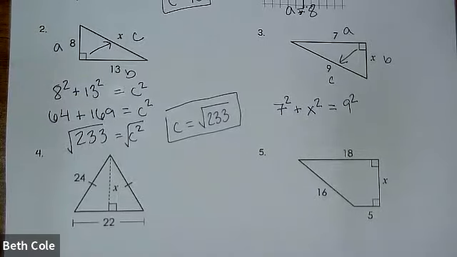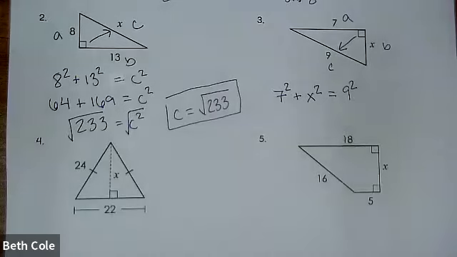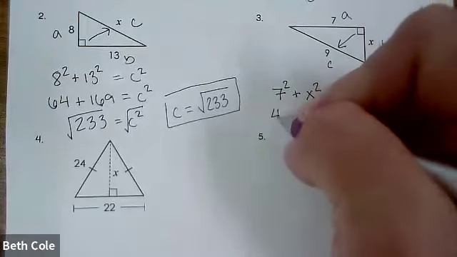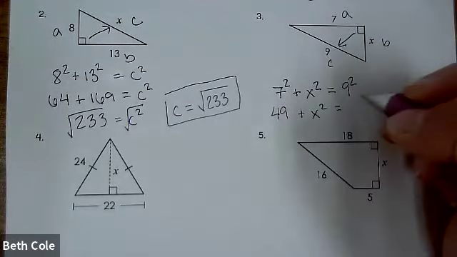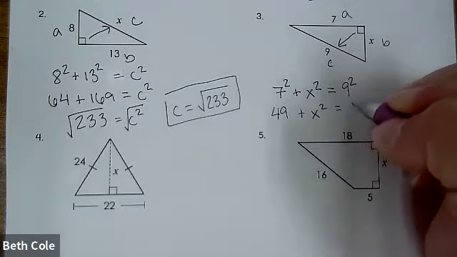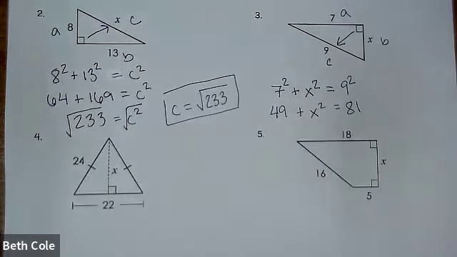And then we're just going to figure out what that is. I'm going to just sort of be your calculator. Or does anyone know 7 squared? 7 times 7? I'll throw it out there. See if anyone knows it. It's 40 something. 49. Good job. 49 plus x squared equals 9 squared. 9 times 9 is 81.